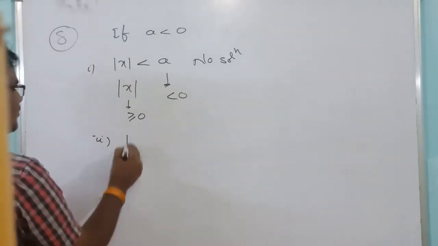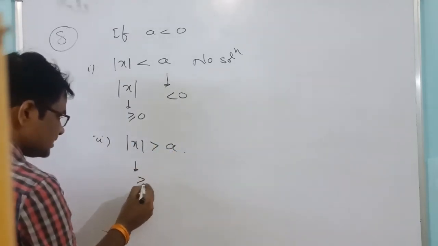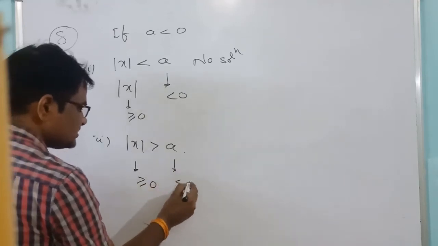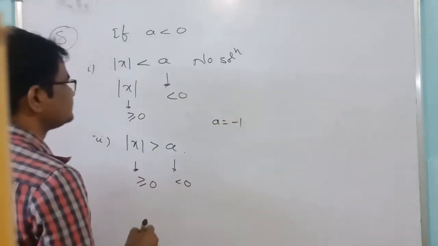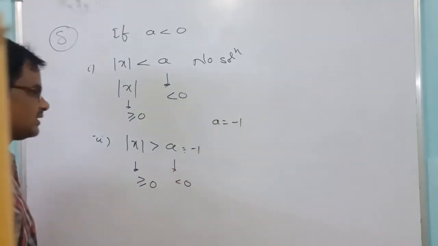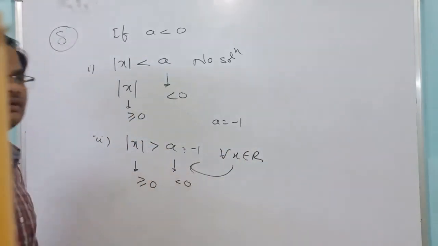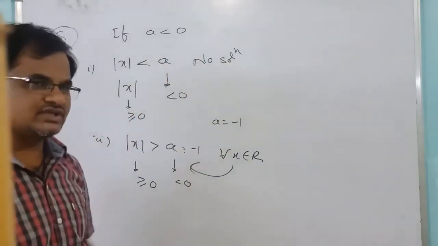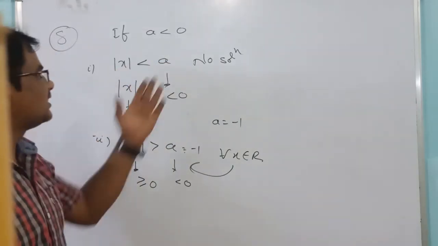Next, if mod x greater than, if you take, here also it is greater than or equal to 0. This is less than 0. Means if you take a equal to minus 1. Here this is minus 1 if you take. Means for all x belongs to real number, it is what? True. Here there is no solutions because positive value never less than negative.